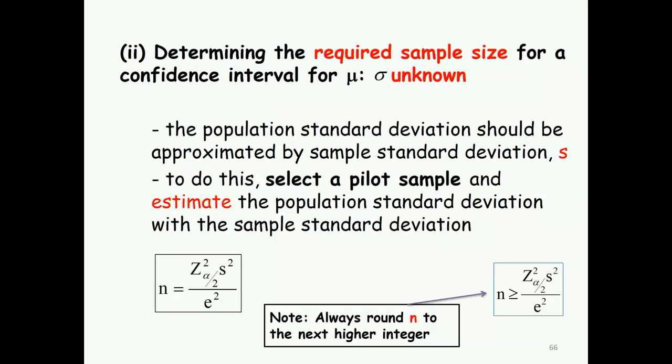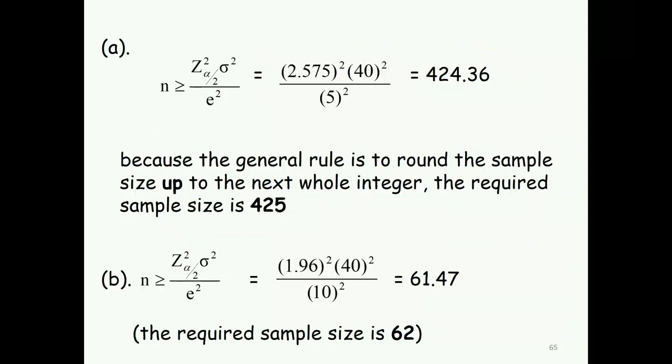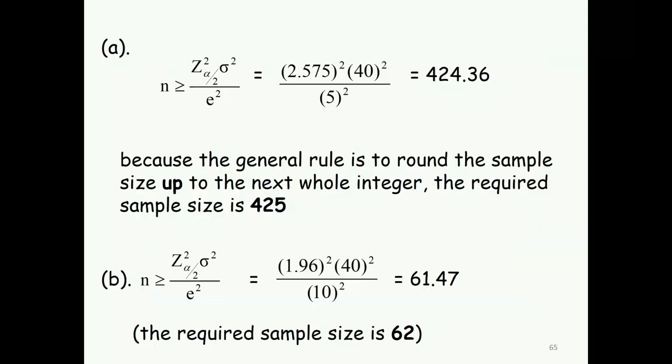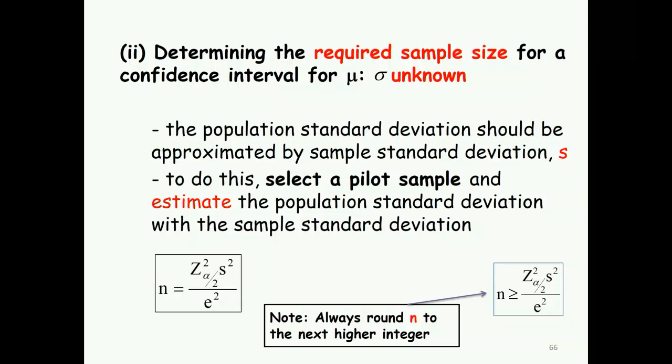So there is no example, which is very simple because one thing that I need to remind you, this Z always remains. In the required sample size, you always apply Z.